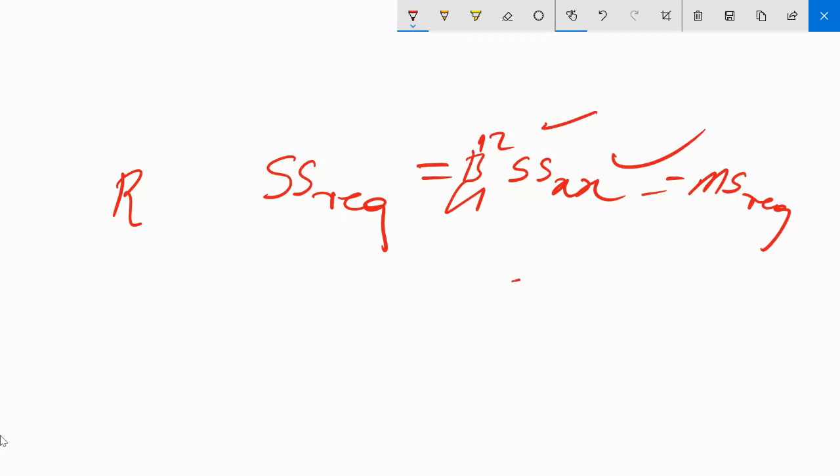When you add those, they give you the SS total. Then you divide the MSREG by MS error, you get F. And that is not the only way, by the way. There are a number of ways of getting this ANOVA table from the given data, but because of time, let's move. So that is the ANOVA table.